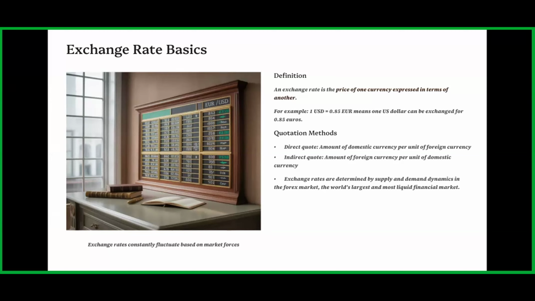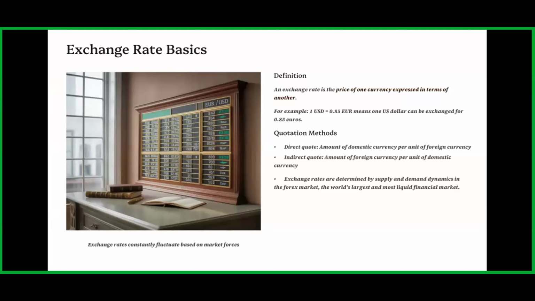For example, here is one example given to us: one US dollar is equal to 0.85 euros. That means if European people want $1, they have to pay 0.85 euro to the other party, and then they automatically get one US dollar.